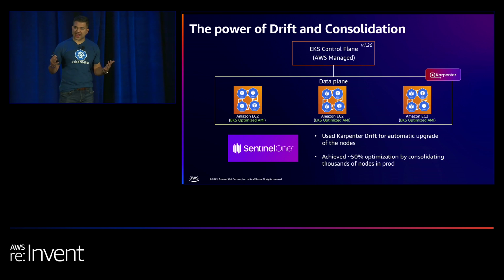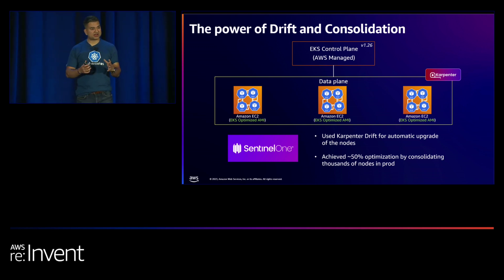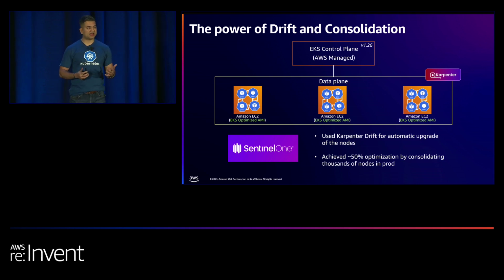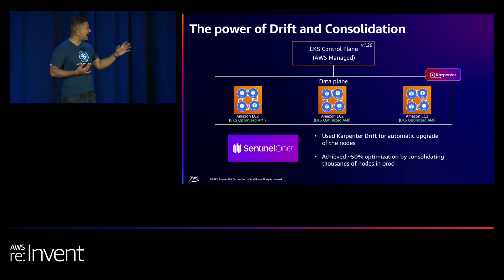Remember, it's just a flag. And by doing that, their containers started bin packing into underutilized instances, as well as Karpenter provisions new right-size instances. Because of that, they were able to save around 50% cost without any management overhead, literally a flag and an automatic drift feature.